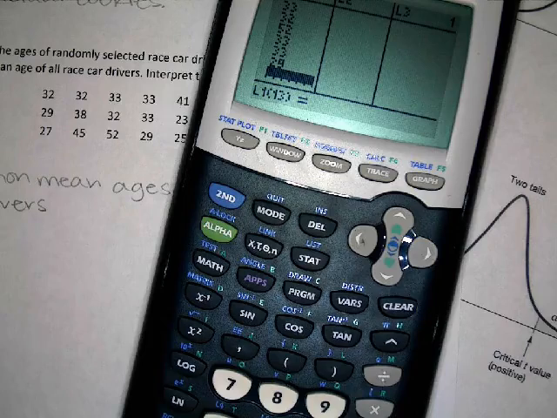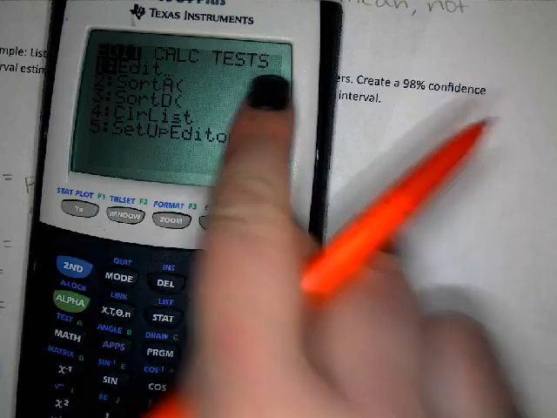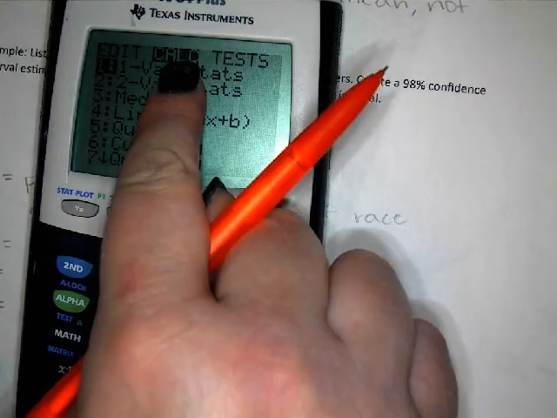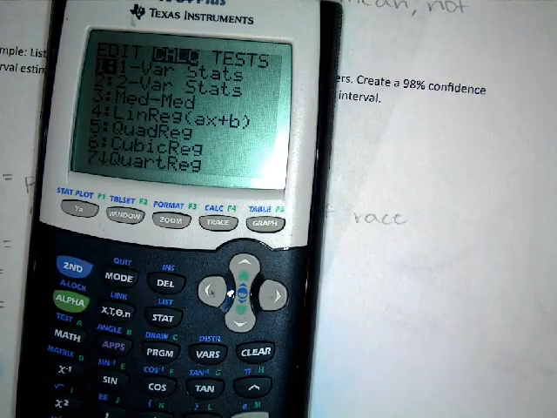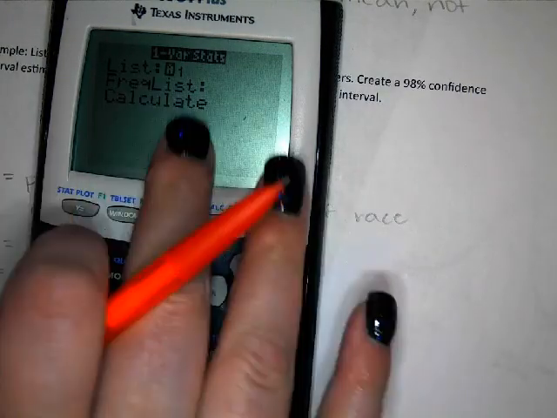Once we have that, we press Stat again, go over to Calc, and One-Variable Statistics is what we're going to calculate. I'll keep pressing Enter until I get down to Calculate, and it gives me a list of the things that I need.